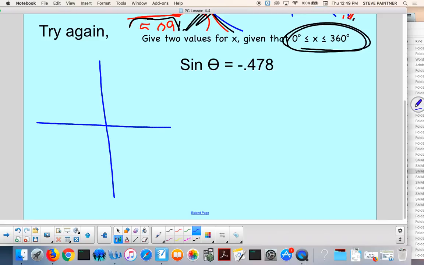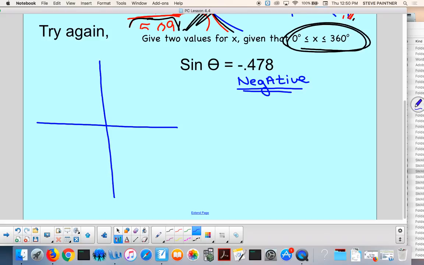Yeah, so that's 16. Did you know where your angles land?